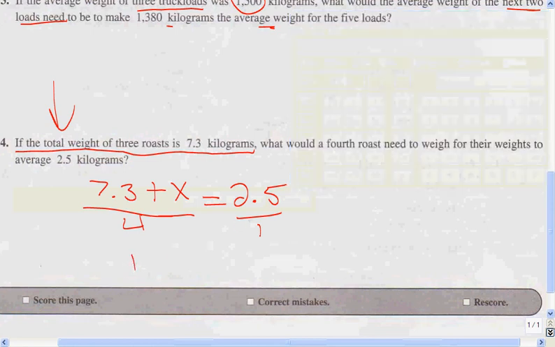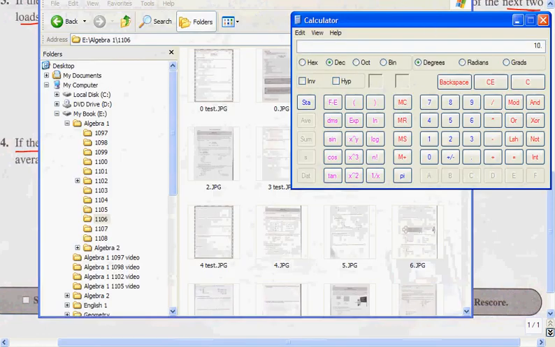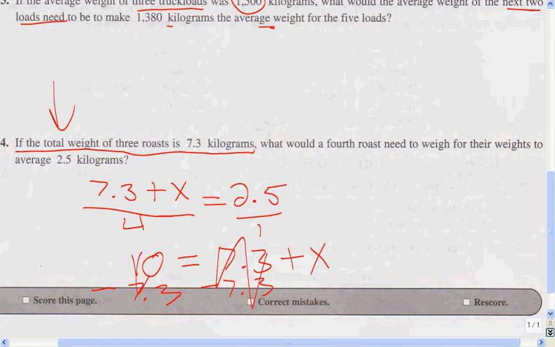So we get 10. And since this is 1, I'm going to just copy what I have. And I'm going to subtract 7.3 from both sides to get x by itself. So 10 minus 7.3 equals 2.7. So x equals 2.7.